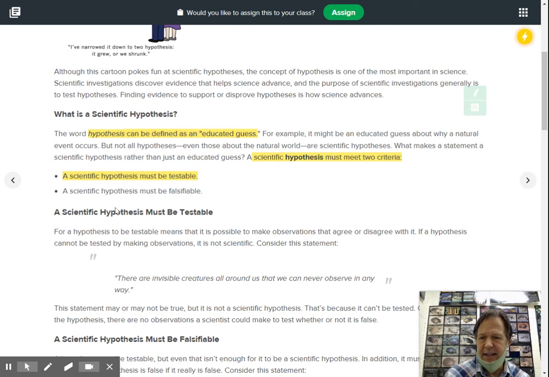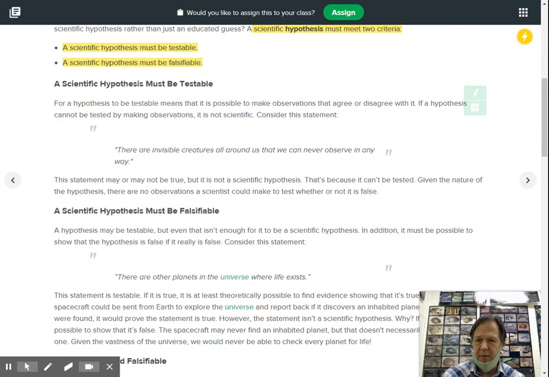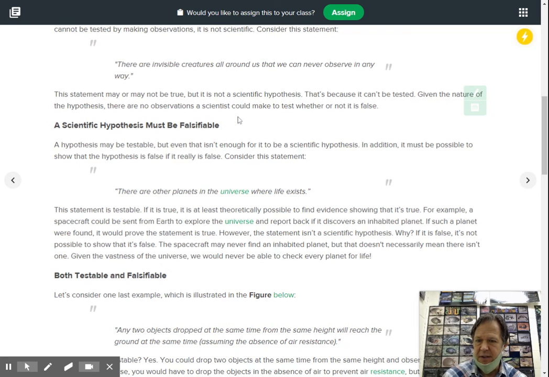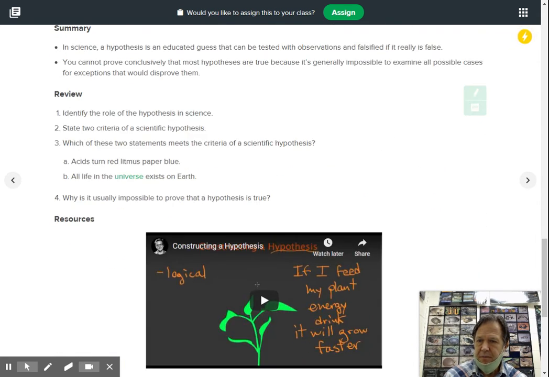The second part is a scientific hypothesis must be falsifiable, meaning if it's false, can it be proven false? It doesn't have to be proven false, but if it is false, can that be proven? And my brownie hypothesis met those two criteria. They go into a little more detail here about when it's testable and when it's falsifiable, and I'll let you read that on your own.